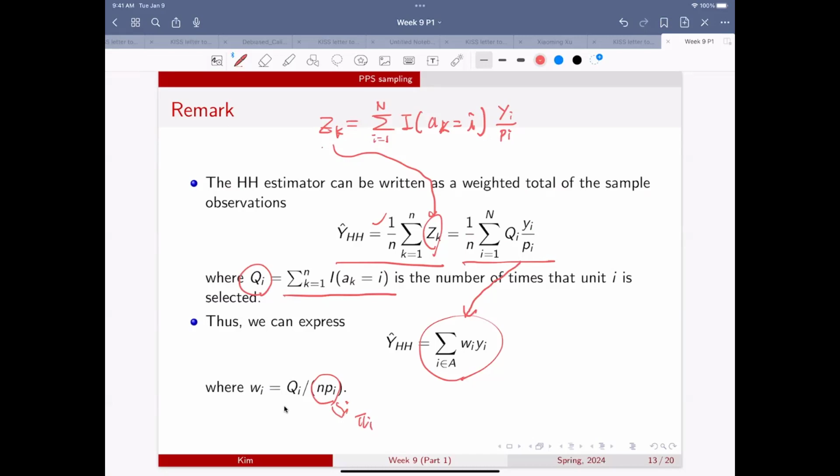I think that is your question. If capital N is really large, then the probability of duplication will be small, right? So then maybe this is good enough.